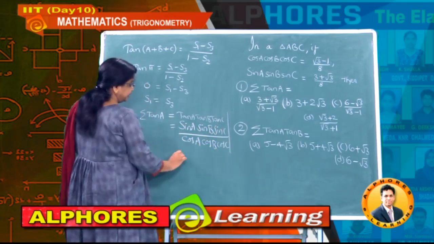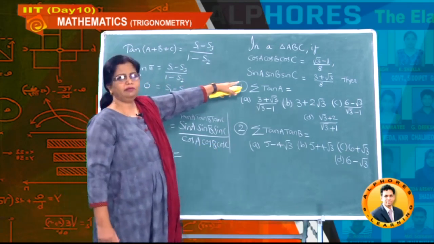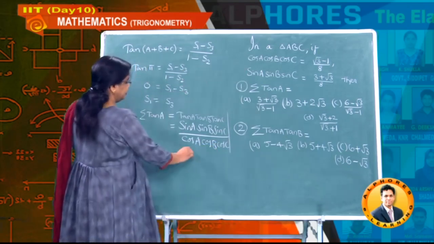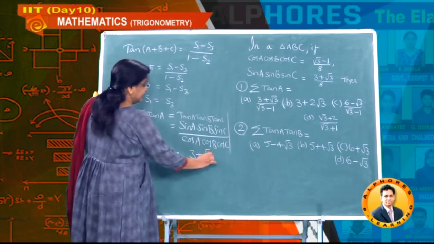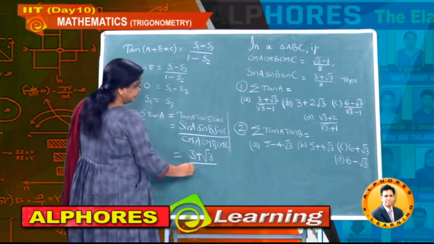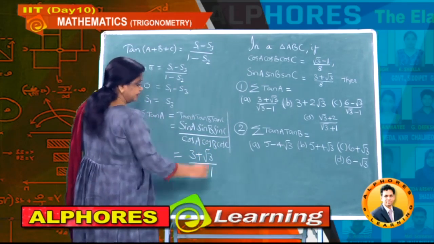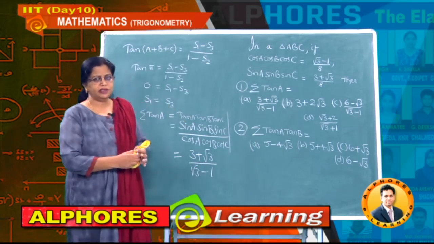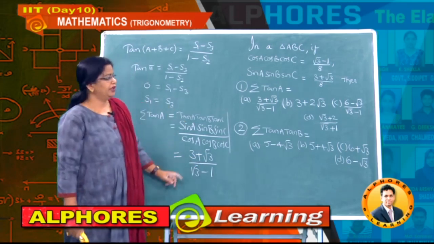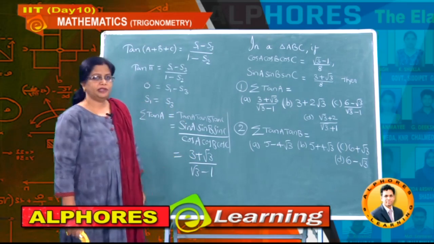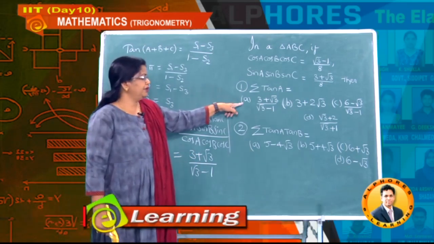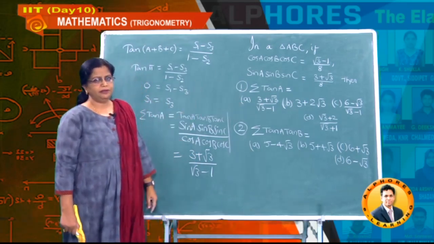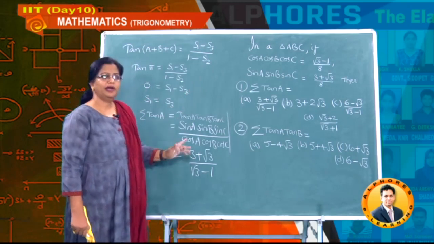So the numerator, how much is the value given? Sin value 3 plus root 3 divided by 8, and the denominator is root 3 minus 1 by 8. So the 8 gets cancelled, so we wrote like this. Now can you observe the options here? Clearly the first option is our right value, 3 plus root 3 by root 3 minus 1.